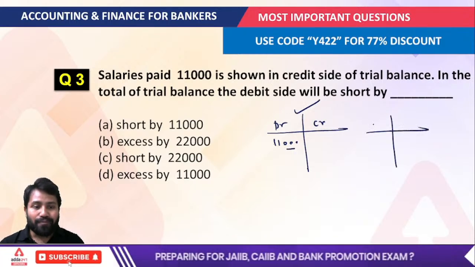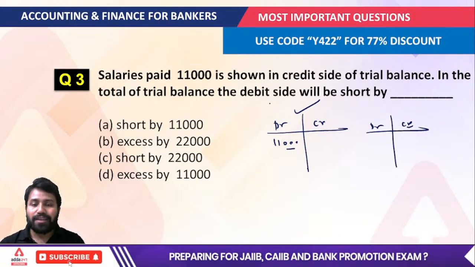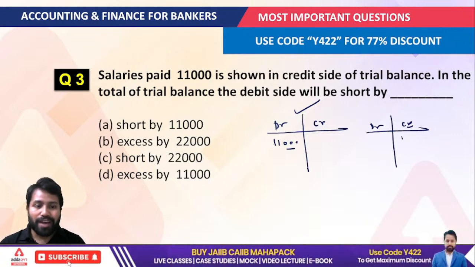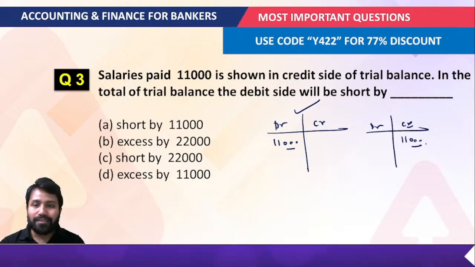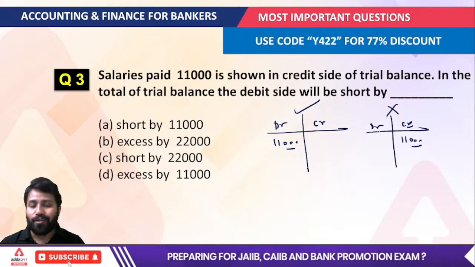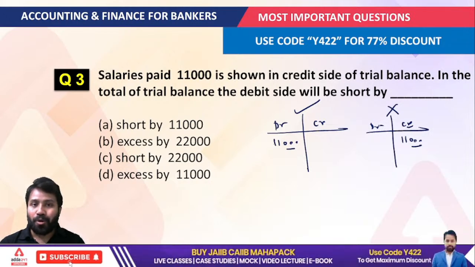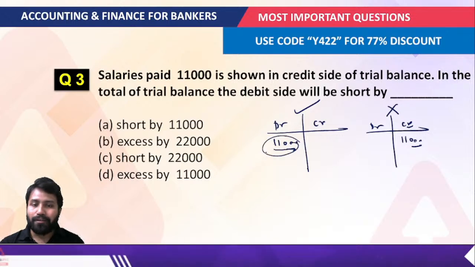But by mistake, the salaries paid is shown on the credit side of the trial balance. We represented this entry on the credit side, and this is wrong. Now the total of the trial balance on the debit side will be short by how much?